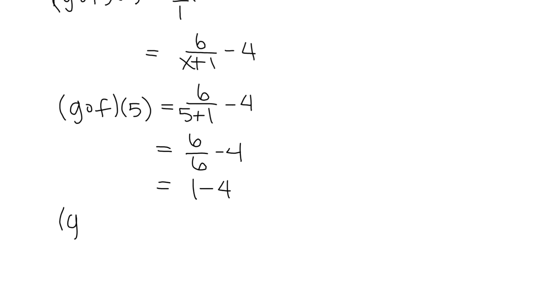And finally, g of f of 5 is negative 3. And if I had found f of 5 first, then plugged it in for the x in g, I would have gotten the same answer of negative 3.